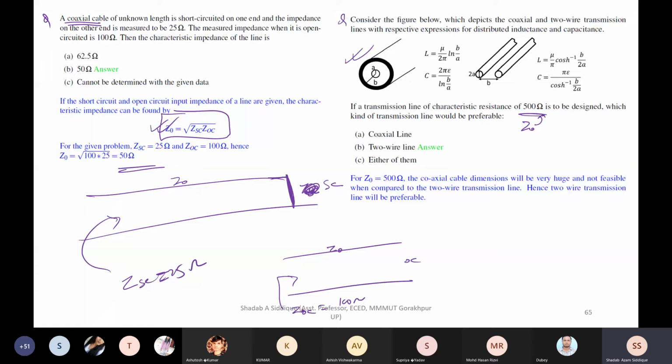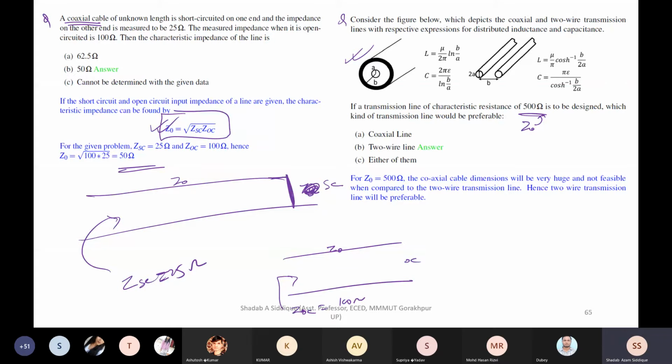For this 500 ohm, we need a coaxial cable of very huge dimension, a huge cross-sectional value, which is not feasible when you compare it with the two-wire transmission line.